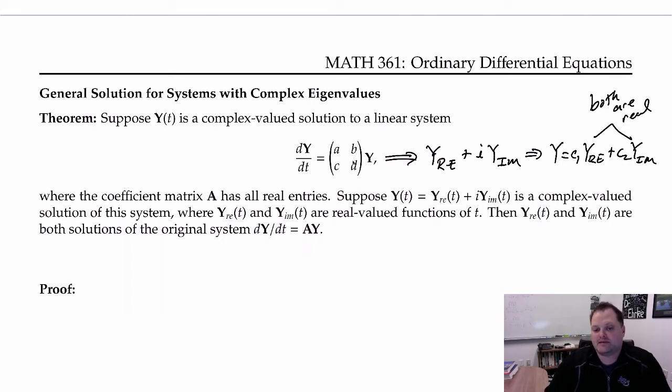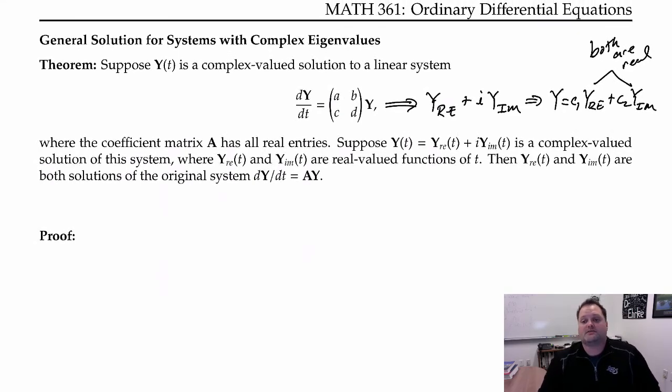So we're going to determine a complex solution, then pull off the real part and the imaginary part of that complex solution, and a linear combination of those will turn out to be the solution to our linear system. Okay, so I want to prove that that is in fact a true statement.